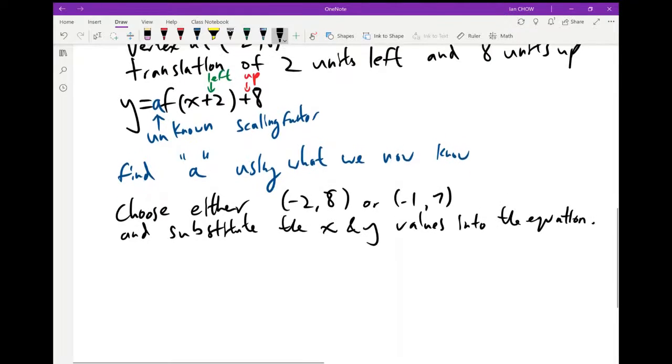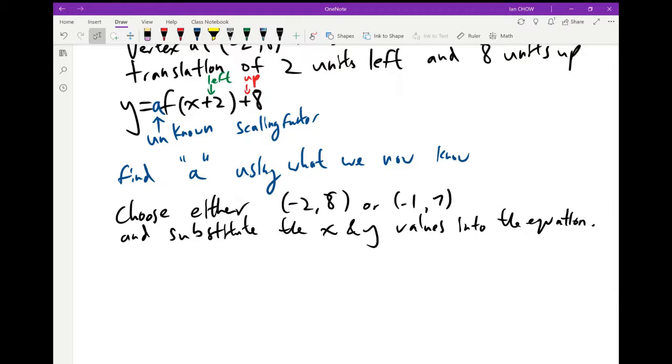So let's do that. I'm going to use -2, 8. That's the first one that I was given. That was the vertex. And so this is the x value, and this is the y value. When you substitute into y, that's going to be 8 is equal to a, our unknown, f of x. I'm just going to directly write down our transformation, which was x plus 2 whole squared plus 8.